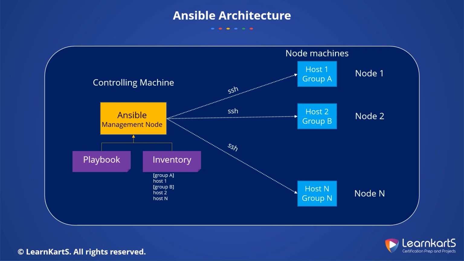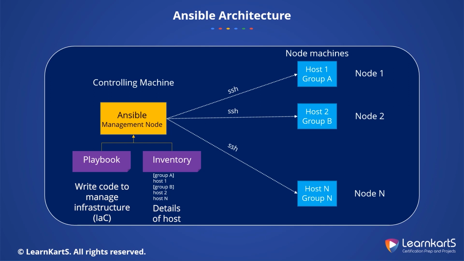When it comes to the controller machine, the playbook file is what we call infrastructure as code, using which we can write code for how the infrastructure is managed. And then we have the inventory file. In the inventory file, we can have certain details of the hosts, like group A and group B written here. Group A has host 1, group B has host 2 till host 10.